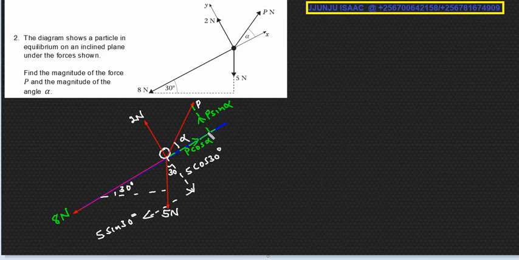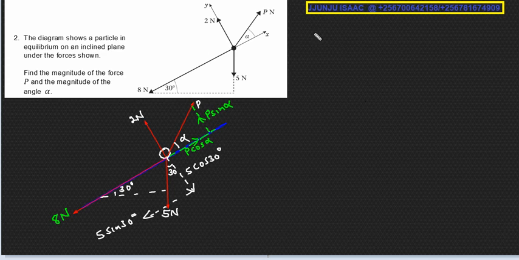I'm going to now equate the forces in opposite directions. We are going to see forces pulling the particle up and the forces pulling the particle down. So down we have 8 Newton, we also have the 5 sin 30. Then up we have P cos alpha only. So let us see.